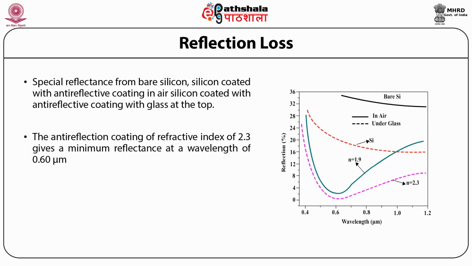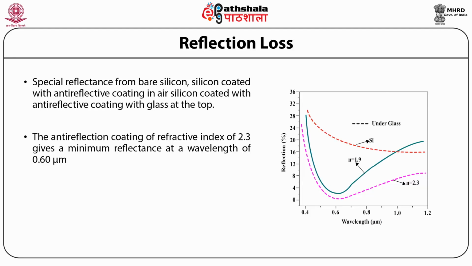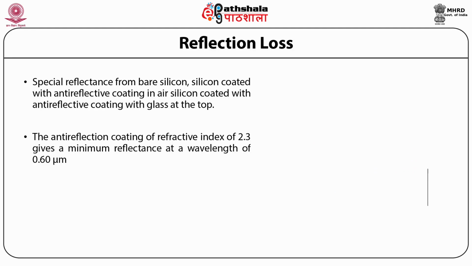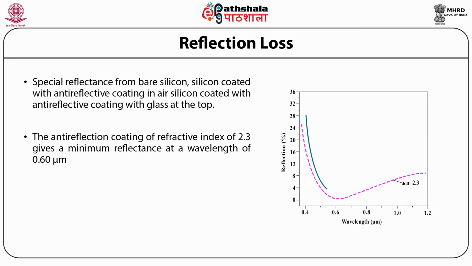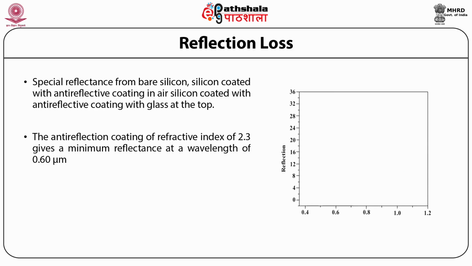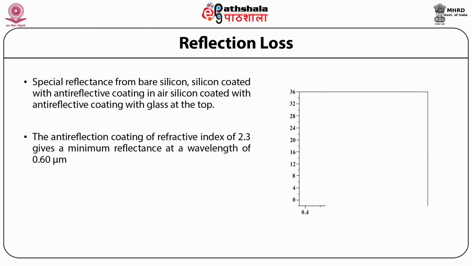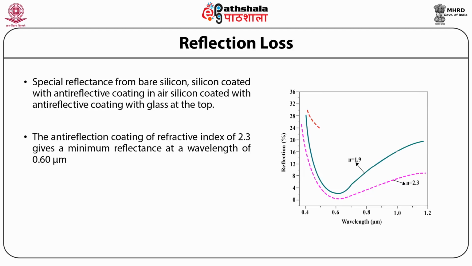Several materials have been tried as anti-reflective coatings on the solar cells, such as magnesium fluoride having refractive index in the range of 1.3 to 1.4, SiO having refractive index in the range of 1.8 to 1.9, SiO2 having n1 equal to 1.4 to 1.5, Al2O3, titanium oxide, zinc sulfide, Si3N4, and so on.